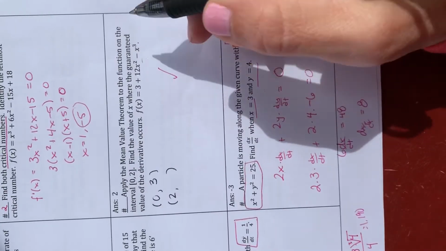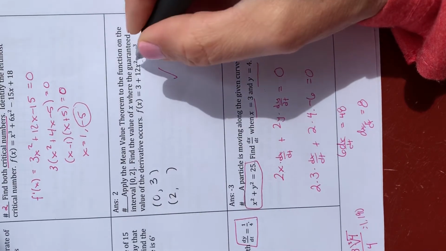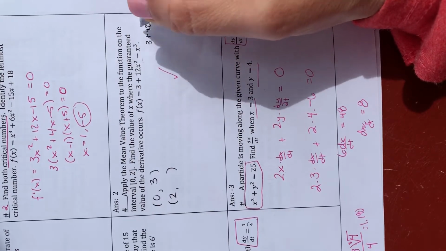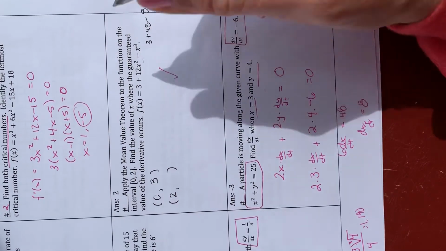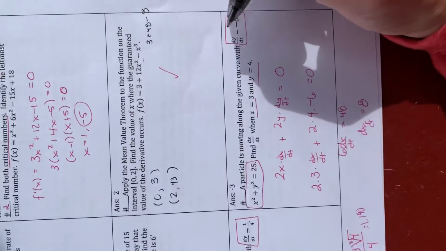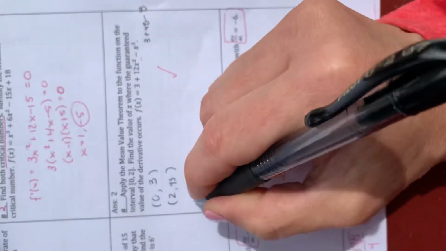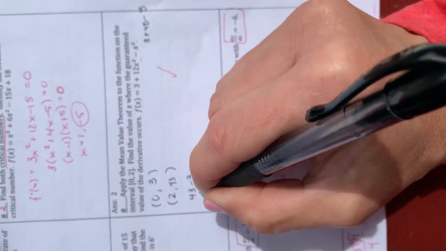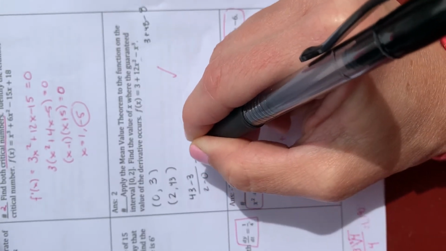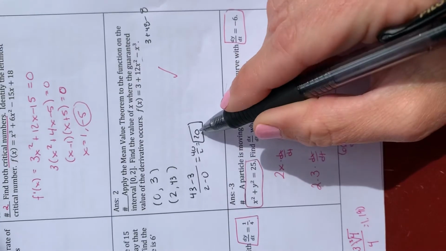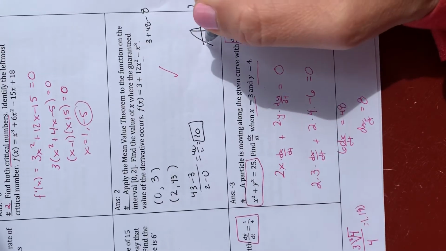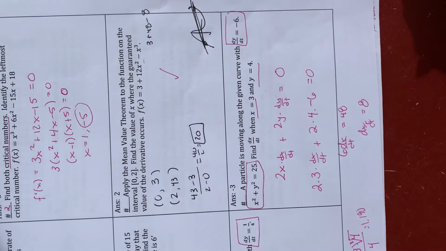Plug 2 into the original and I'm going to get 3 plus 48 minus 8. So 43. Mean value theorem says find the slope between these 2 points. So 43 minus 3 over 2 minus 0. 40 over 2 equals 20. So that's the slope between those 2 points. So whatever this curve looks like, that's the slope between them.